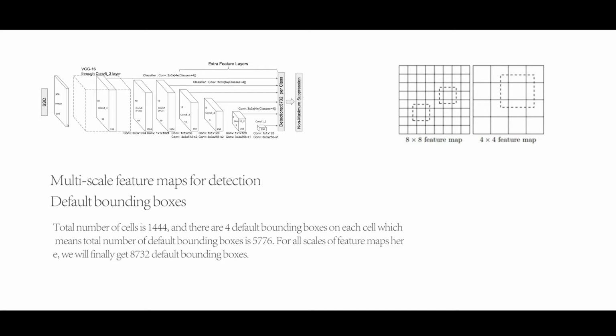For all scales of feature maps here, we will finally get 8732 default bounding boxes. The min size and max size of each default box corresponding to each feature map are determined by the following formula.